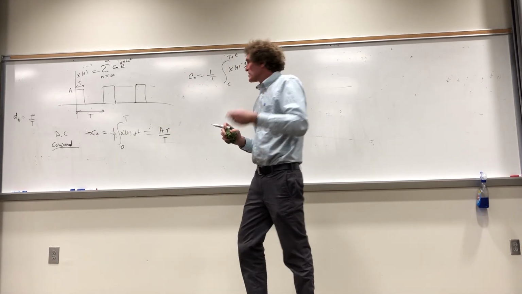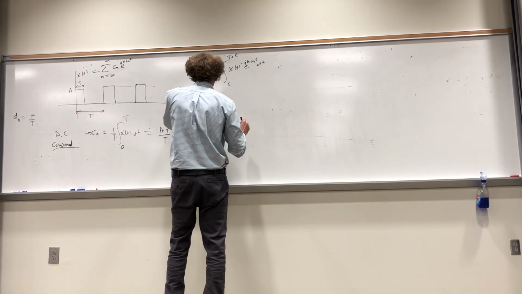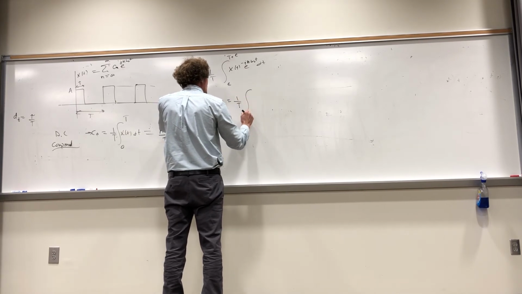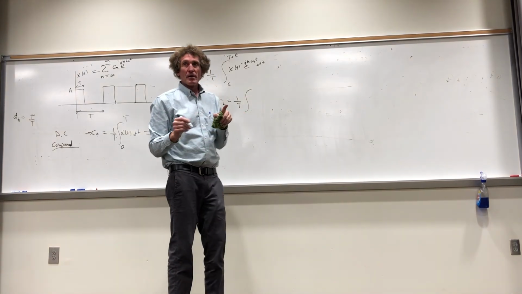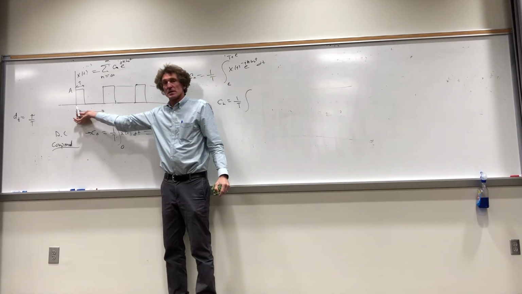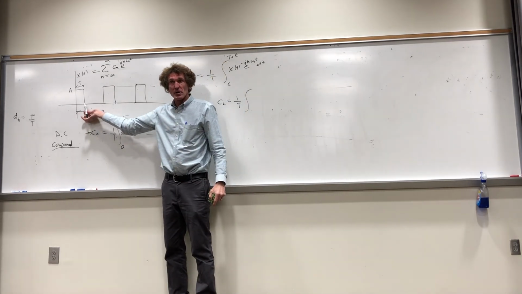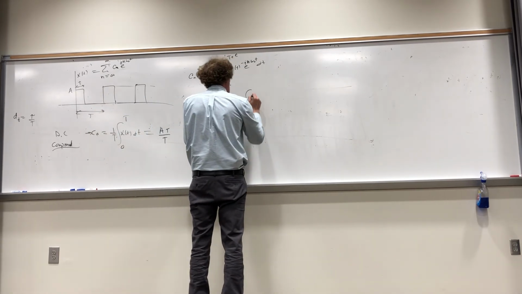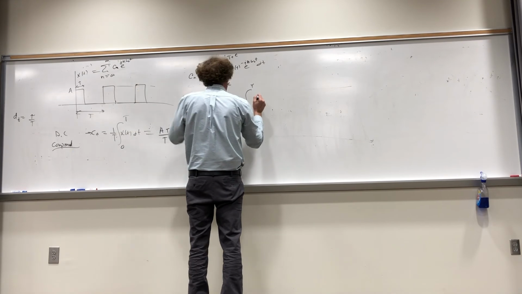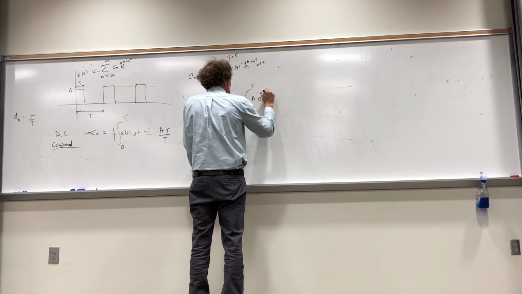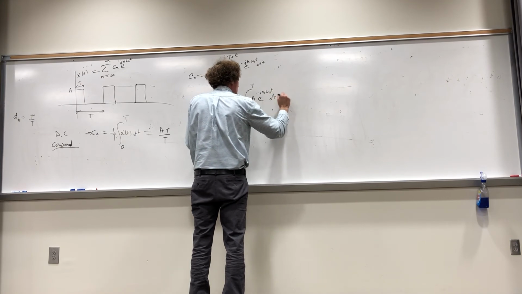Now, what is C of n in general? Well, it would be what? 1 over T, the integral from where to where? Think about the limits. When is it non-zero? From 0 to tau, right? So I integrate from 0 to tau, just A, right, times e to the minus j n omega naught t dt.